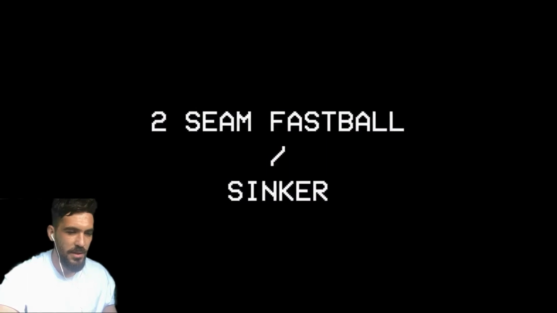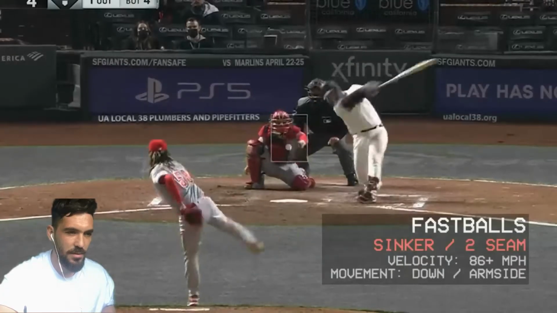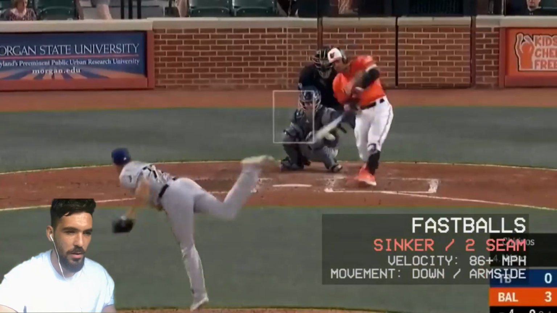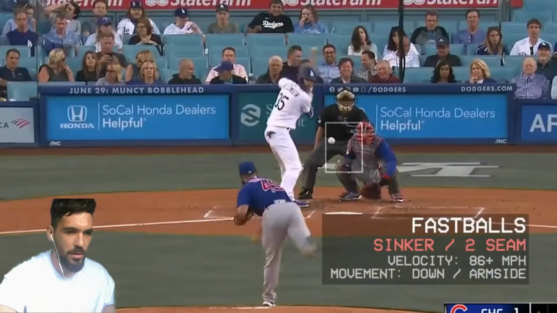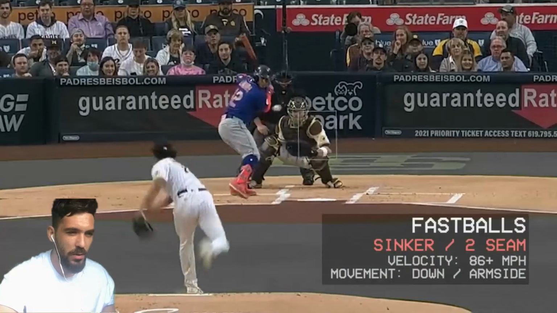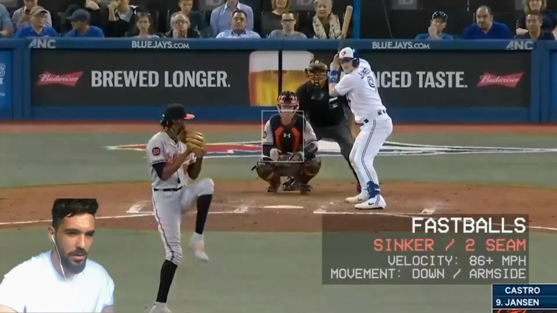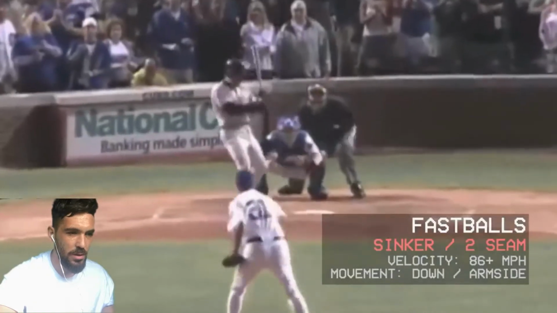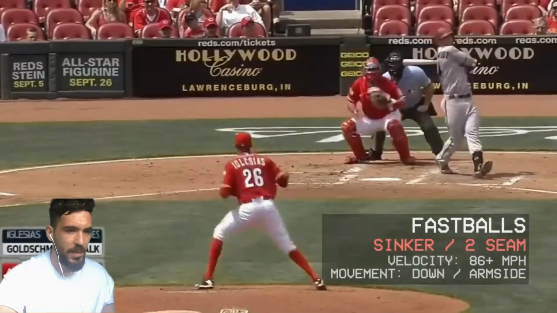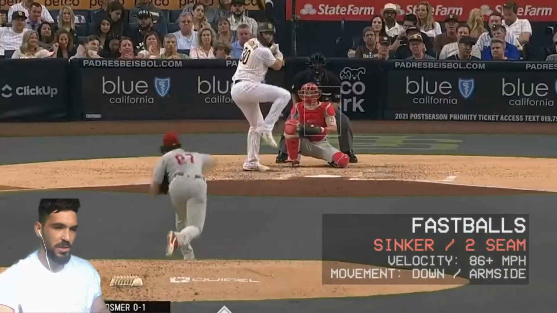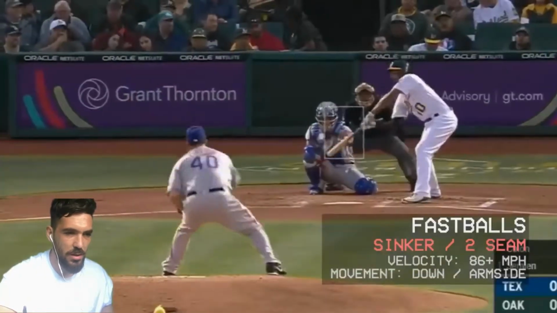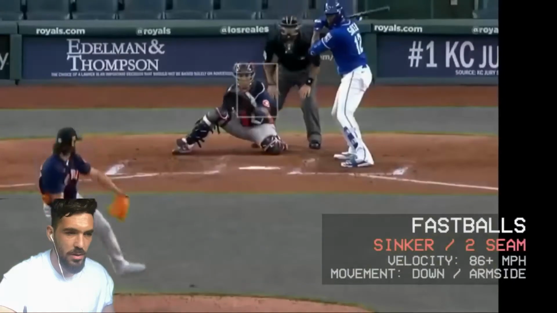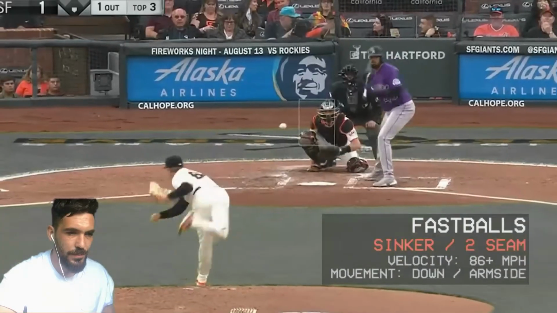Sinker or two-seam fastball. The two-seam fastball, or sinker, has movement as it approaches the plate. This movement is usually downward and towards the pitcher's arm side, so away from the glove. If you see a pitch at fastball velocity that drops or appears to run, or twist towards the batter on the pitcher's arm side, you're probably looking at a two-seam fastball. The terminology can get a little bit confusing at first because people call this same type of pitch by two different names.